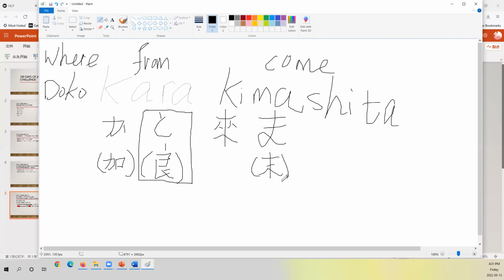So even the kanji, they only represent the pronunciation, the sound. These kanji are not really representing the meaning. And for kimashita, the kanji that it is derived from is this, and the hiragana is something like this, I think.